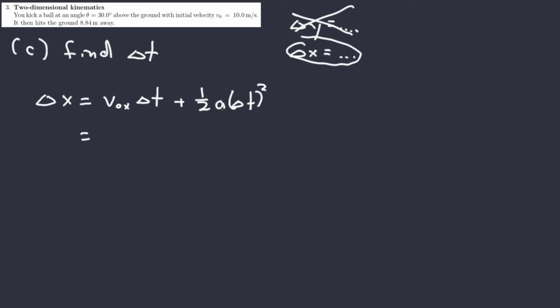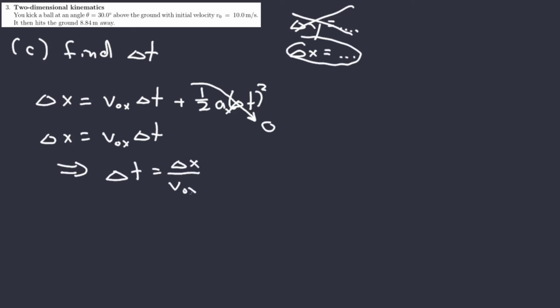The next observation I need to make is that our acceleration in the x direction is equal to 0, which means this whole term here goes away, and I'm just left with delta x is equal to v0x times delta t. And if I rearrange this by dividing both sides by v0x, then I end up with delta t is equal to delta x over v0x.